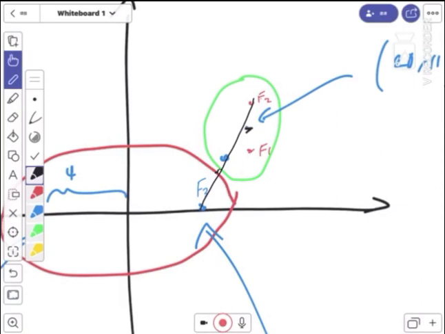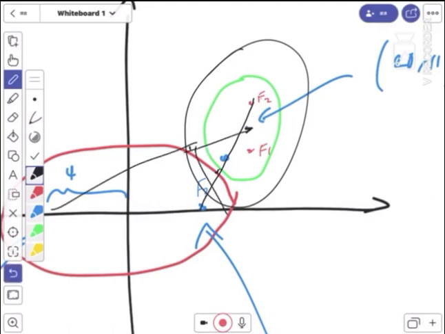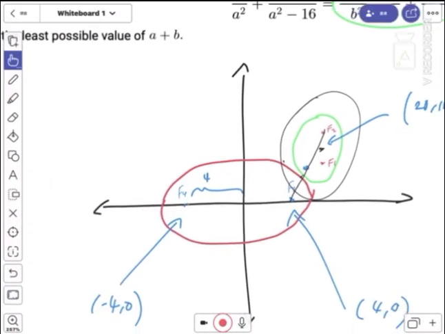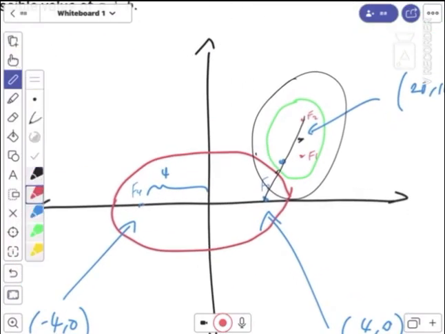this foci and this foci are collinear, right? Recalling this example, if these two cross, then we have something like this, and this is worse than the case when it's a straight line.